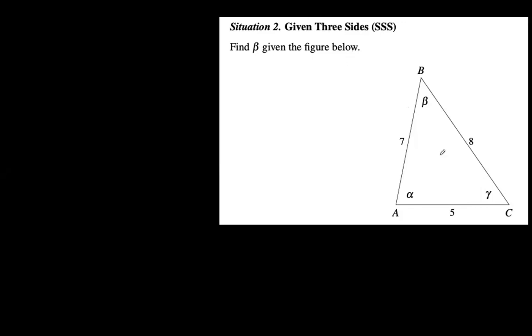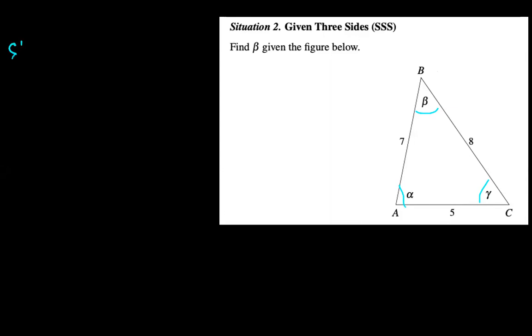Now, how about if the given triangle is under the category SSS, which means three sides are given and all of the angles A, B, and C are unknown. Let's try solving this problem with the use of the sine law, as what we did in situation number one.